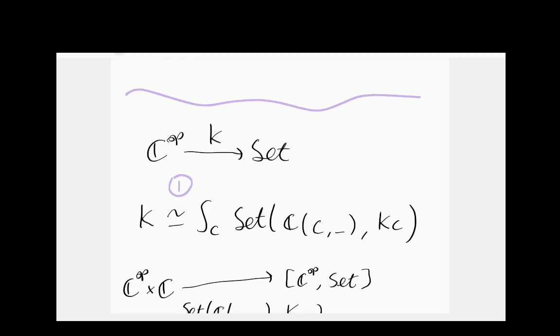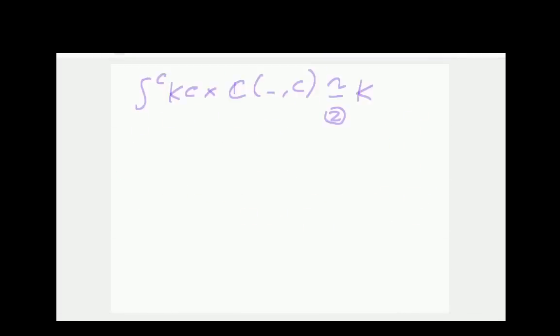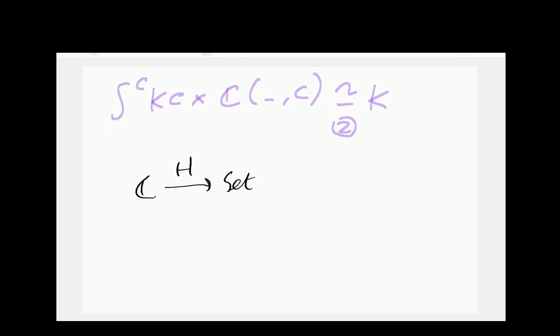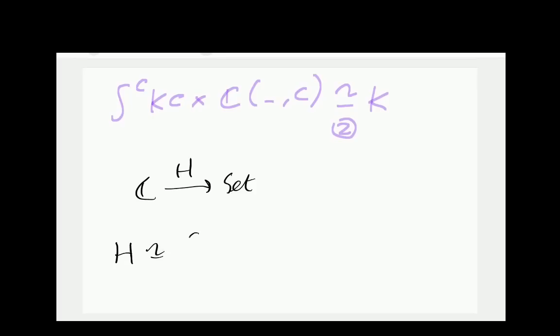And there are duals to these results as well. So I'll leave you to think about the duals to these results. I'll just tell you what they are. So if we have a functor H from C to Set, then the dual to 1 says that H is going to be isomorphic to this end here.